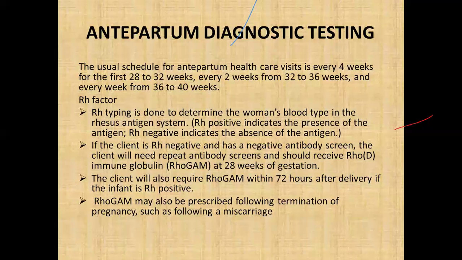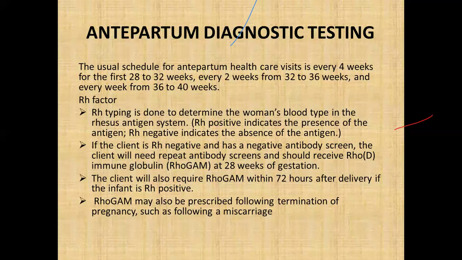When the child is born, we then test the child to see the status of the child. If the child is born and comes out to have a positive blood type, and the mother is negative, within 72 hours, we need to give ROGAM again. Or ROGAM has to be administered.